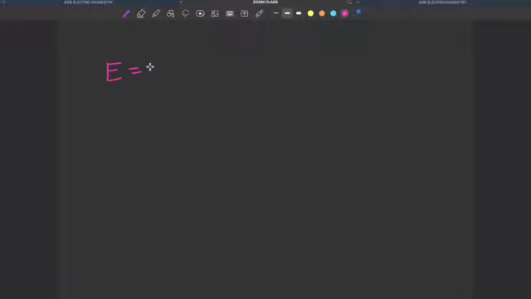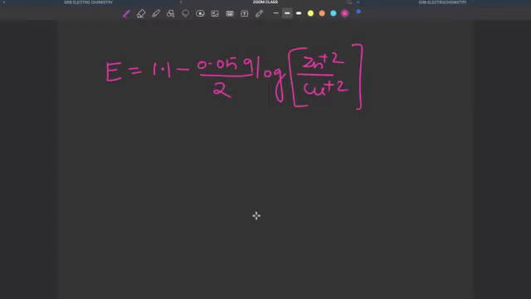So we got E equal to E naught minus 0.059 by n, where n is 2, into log. Zn plus 2 is the product, copper plus 2 is the reacting species, so you take their concentrations. Let us check 2 or 3 cases.